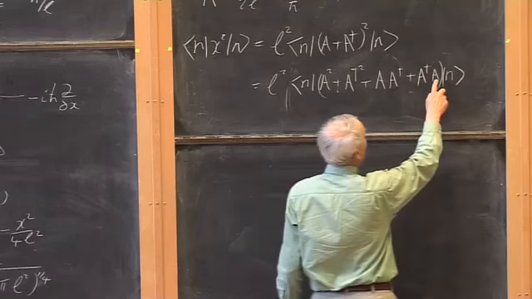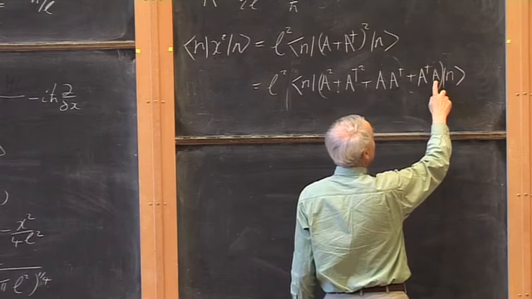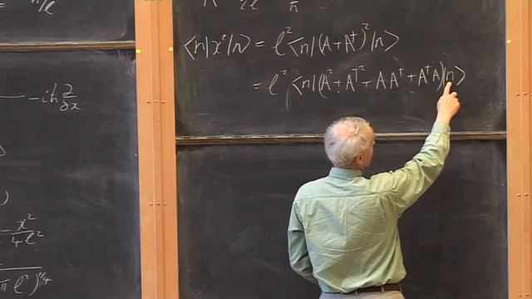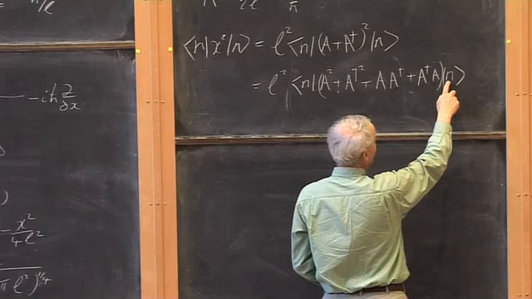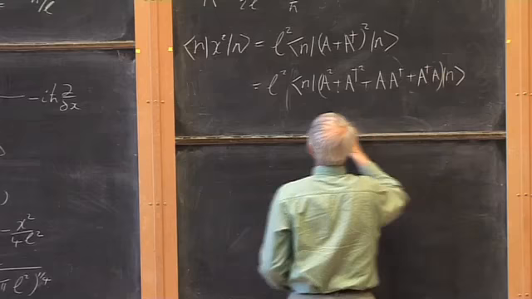We know that A on this produces root n times n minus 1, and this produces root n. Let me write this out.